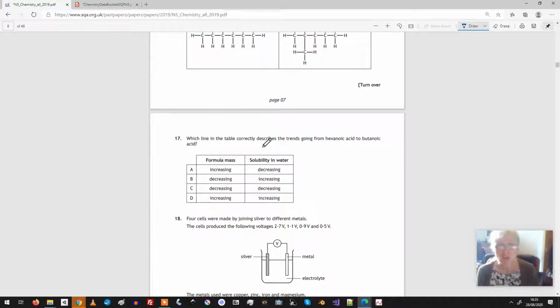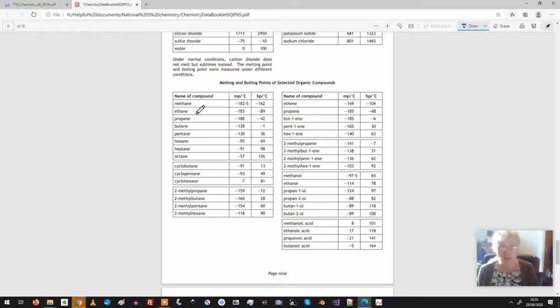Which line in the table correctly describes the trends going on from hexanoic acid to butanoic acid? So, formula mass increasing, hex is actually going to be larger than but, and if you have trouble remembering these, this is methanoic acid with 1 carbon, ethanoic acid with 2, propanoic acid with 3, butanoic acid with 4, and so on.